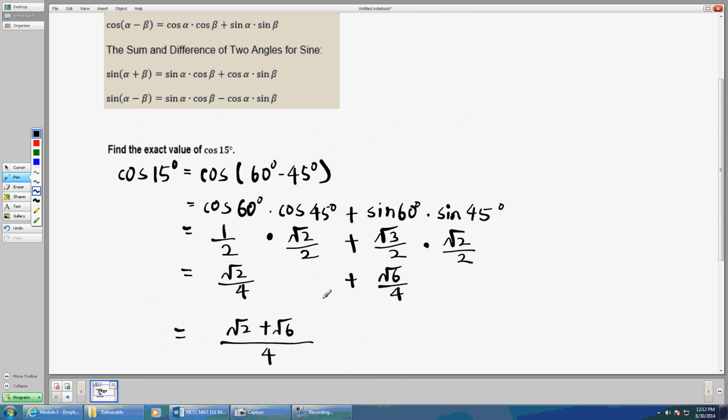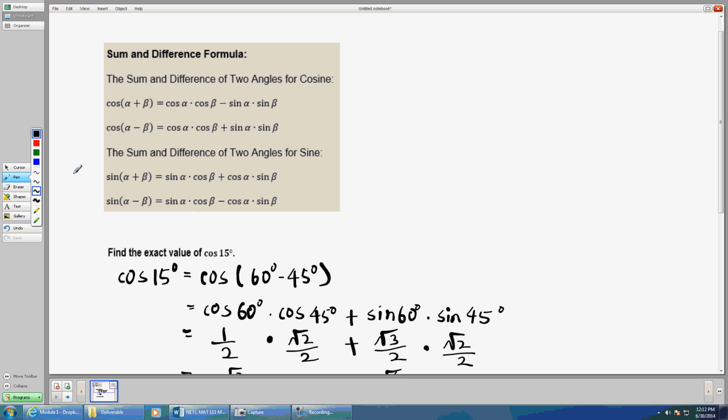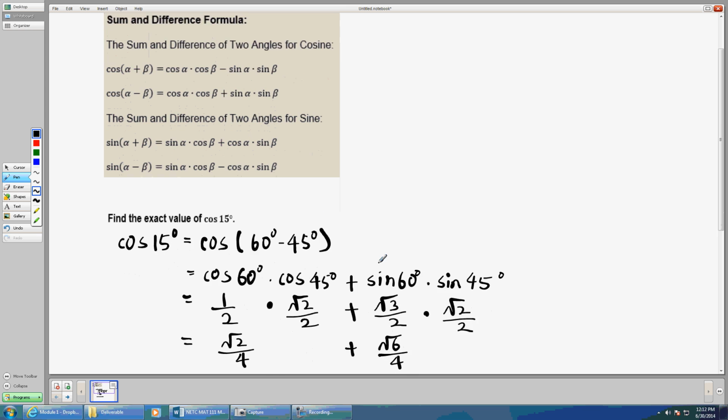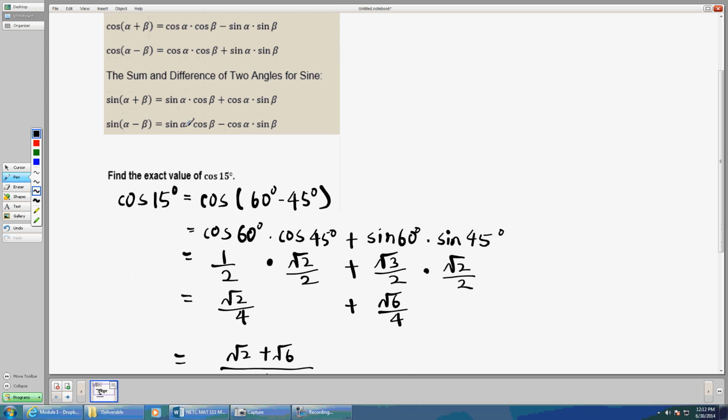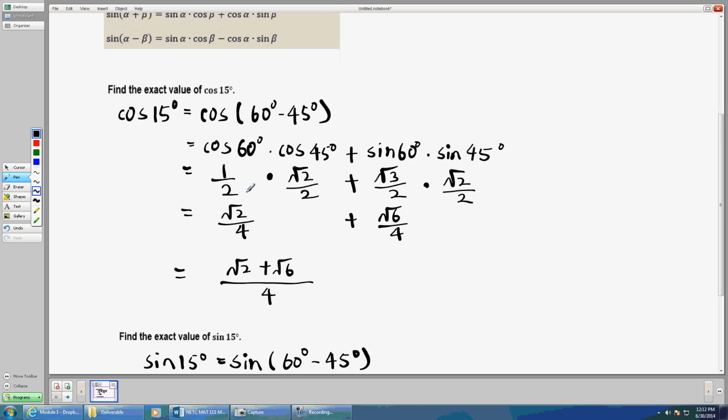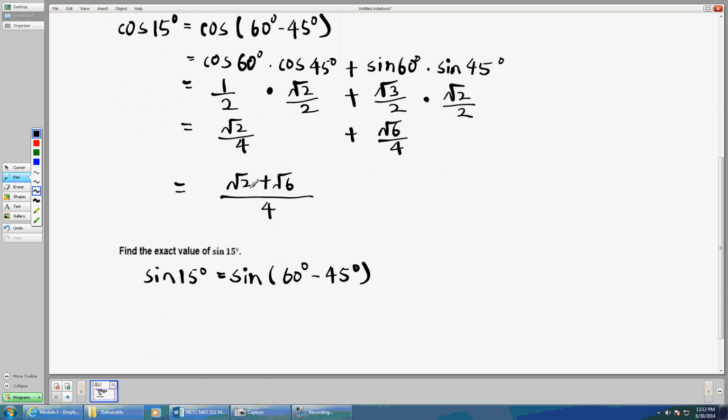To use the formula, sine of the first angle minus the second angle is sine of the first angle times cosine of the second angle. Sine of my 60 degrees, the first angle, times cosine of my second angle, 45 degrees.